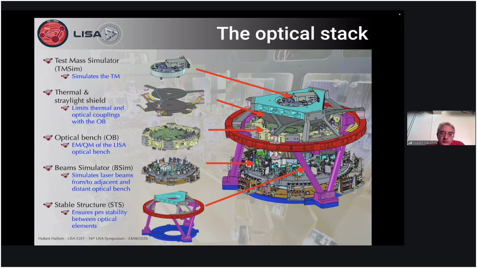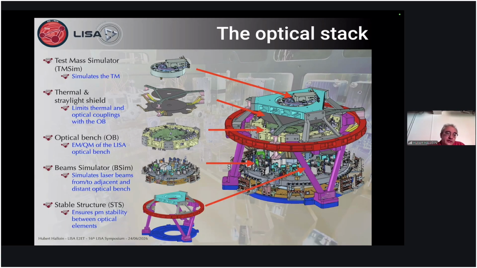So taking into account the fact that one beam is very weak due to the 2.5 million kilometers propagation, so it's a few hundreds of picowatts that needs to be sent to the optical bench, but we receive from the optical bench about 1 watt, 1.6 watts emitted by the optical bench. So this is a quite complex bench. It is also used to receive and send light through the backlink fiber.